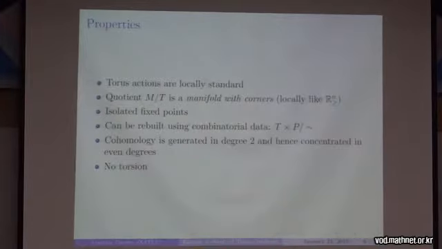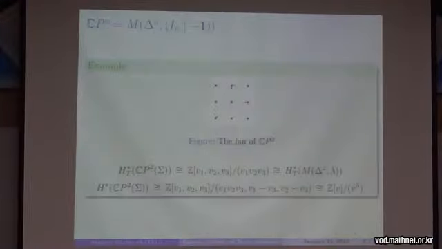Some properties that appear in these cases: the torus actions are always locally standard. That's defined as in the definition of the quasi-toric manifold, and is true for the toric manifold. The quotient space, because the action is locally standard, will be a manifold with corners, so this locally looks like a cone in Rn.